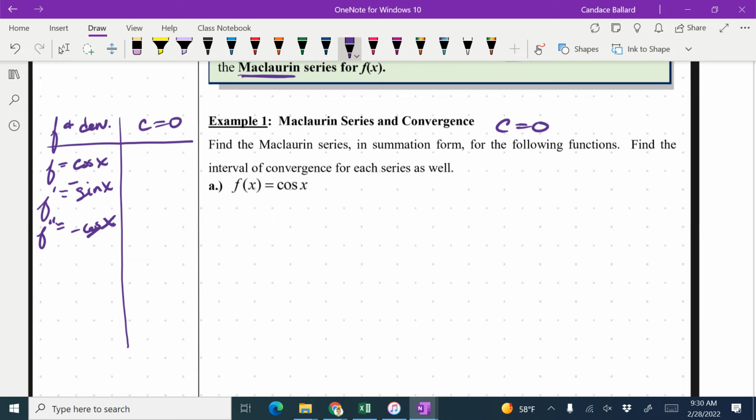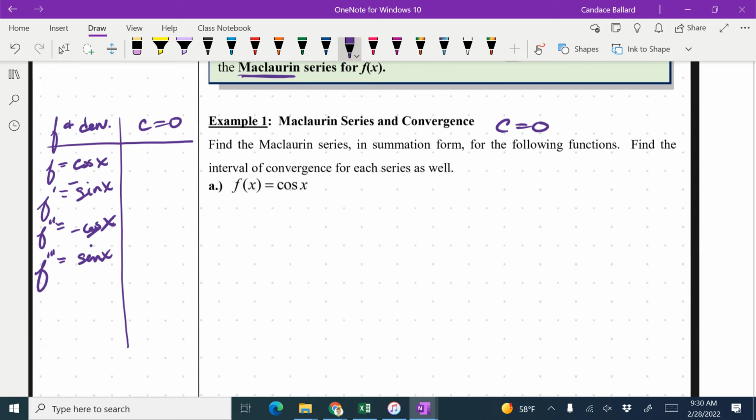All right, then what's f double prime equal to? Good. And f triple prime is equal to sine x. Now here's the problem. We know that when we evaluate for 0, some of them are going to drop out, right? So I'm going to go a little bit further than just the first 3 derivatives, because I know that with sine and cosine, some of my terms are zeros.